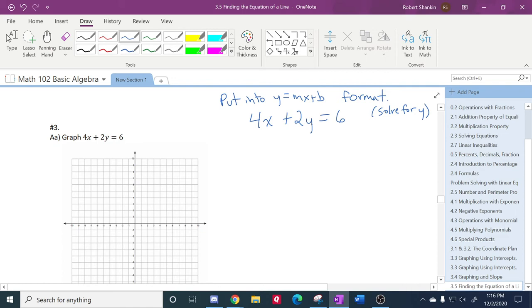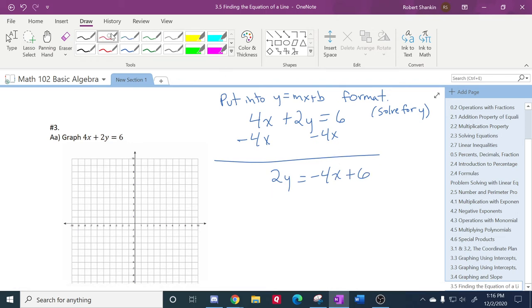So I've got to get 2y by itself, so I'm going to subtract 4x, and then I'm going to divide both sides by 2.